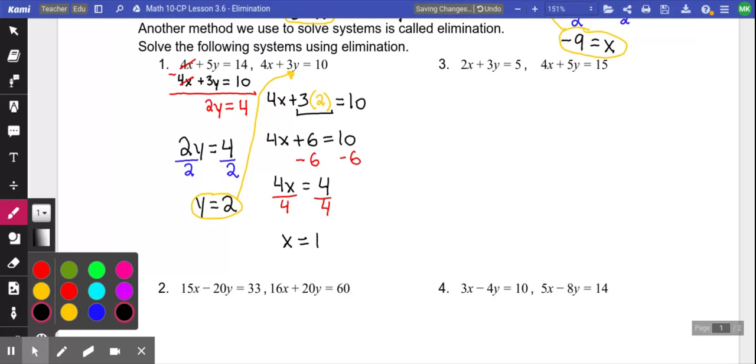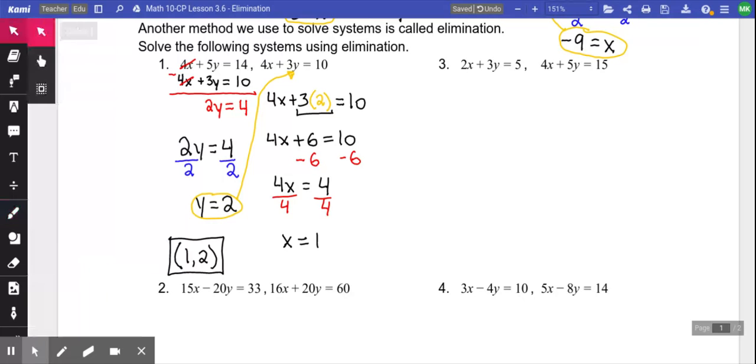Meaning my answer is 1, 2. That's elimination. Let's try another one.